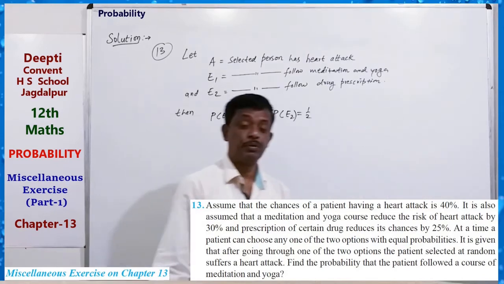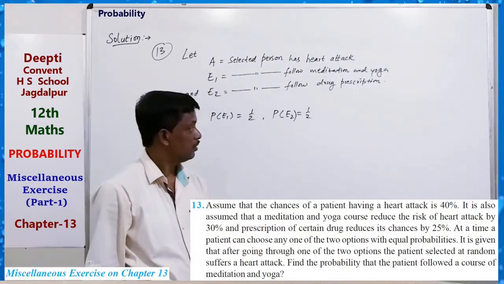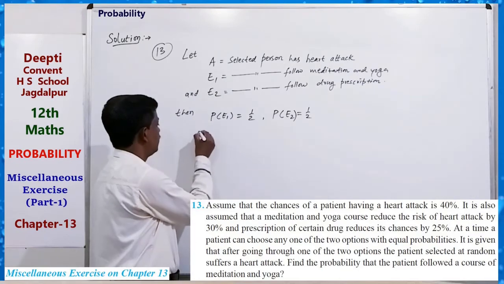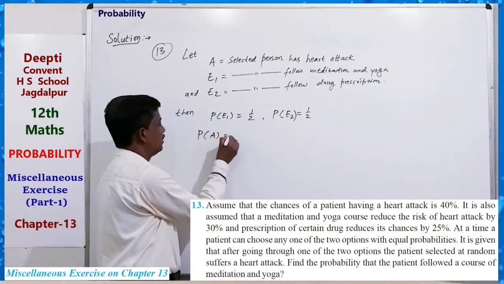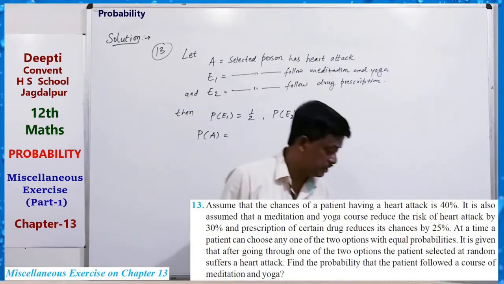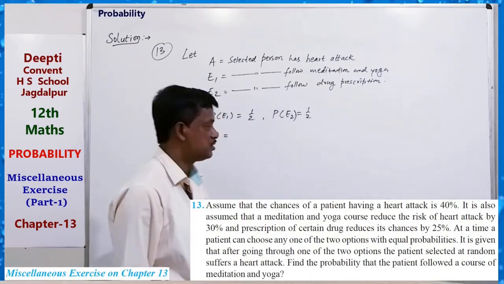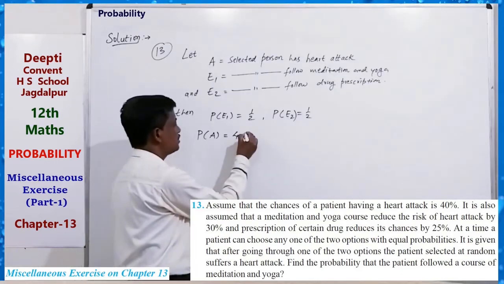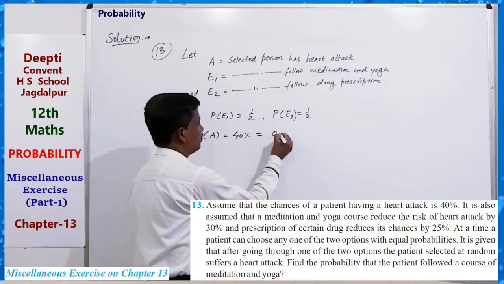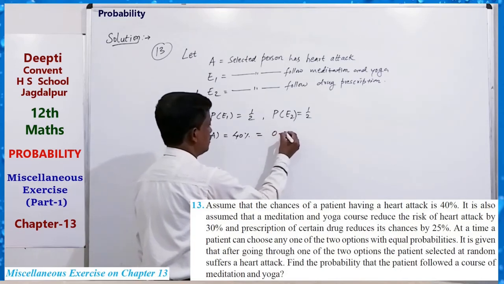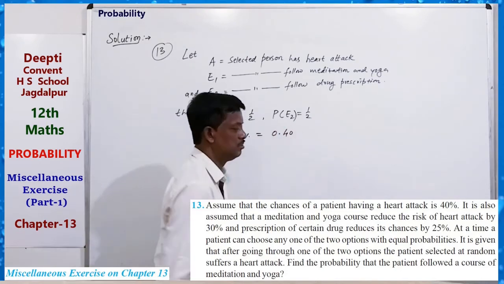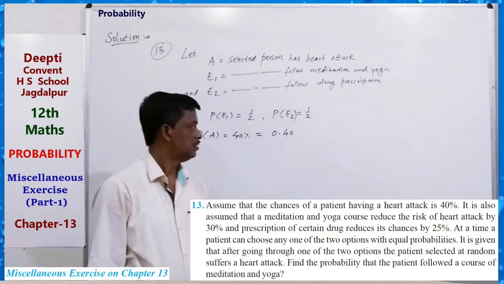Now the probability of event A, heart attack chance, 40% is given. So 40% means 0.40.